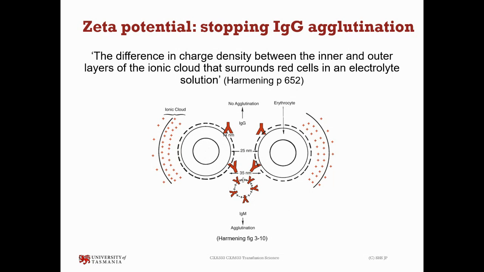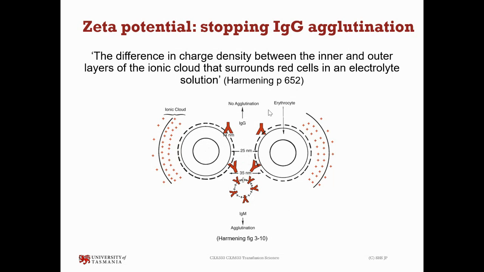The size of an IgM pentamer is 35 nanometers. So the IgM pentamer is able to bridge that gap. The size of an IgG monomer is only 14 nanometers between its little Fab arms. So it is too small to bridge that gap.